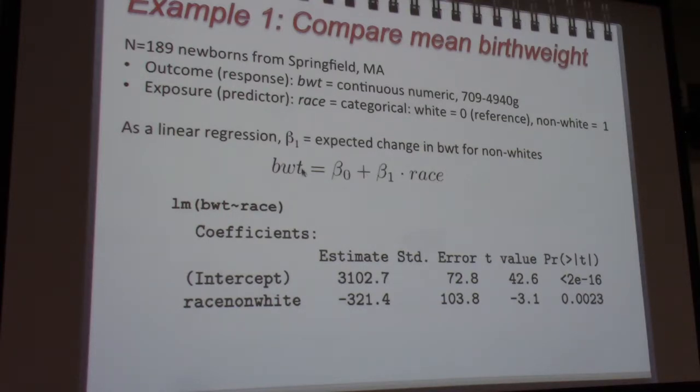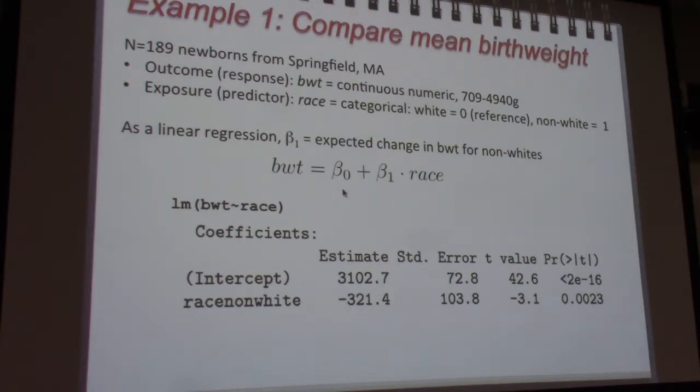It's the value we expect for y when race equals 0. So white equals 0 is our reference category, so beta naught is basically the weight of the white babies. And beta 1 is now measuring, as it always does, the impact of a unit change in the corresponding predictor. So if race goes from 0 to 1, beta 1 gets added to the white birth weight. So that's what the beta 1 regression coefficient means.